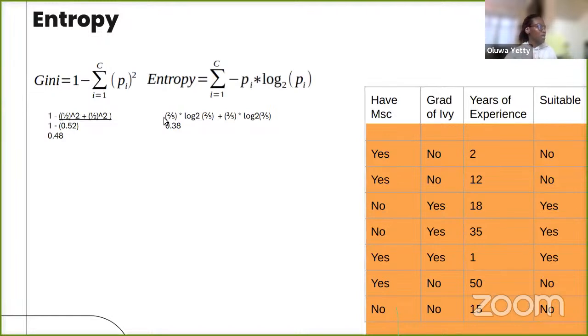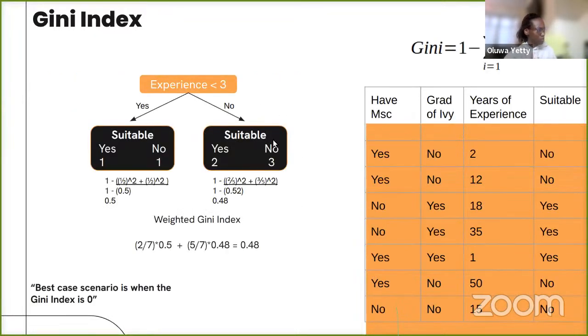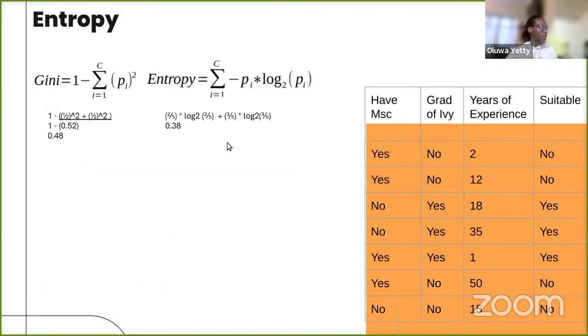So the illustrative thing that I've put here is for this other example, when it's greater than 3. That's what I've done here. Yeah, I calculated it for the second one. Sorry if that was not straightforward. I'm really sorry if that was confusing. I didn't calculate it for this one. That's something I should have borne in mind. Yeah, I calculated it for when the experience is greater than 3.